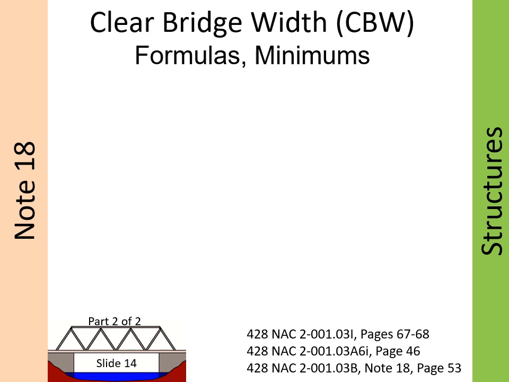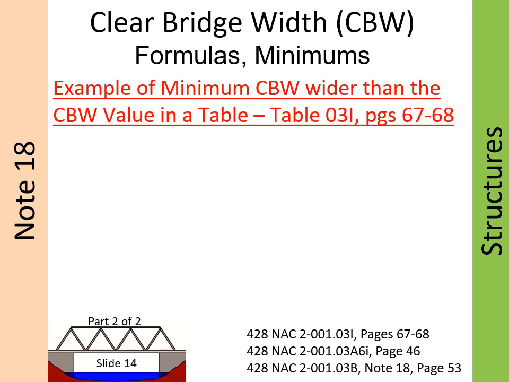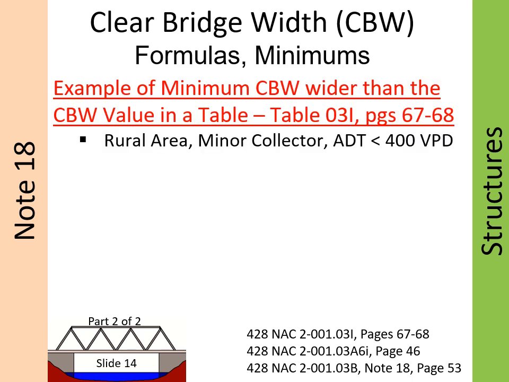feet. This slide shows an example where the minimum clear bridge width is greater than the value indicated in the table. For this rural area table, Table I on pages 67 to 68, the clear bridge width values on page 68 are based on lane widths for the 50 mph design speed. For this case, the lane width in Table I for fewer than 400 vehicles per day is 10 feet.